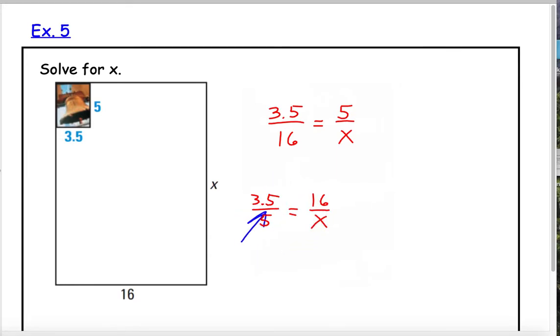It's the same calculation when we cross multiply. So there's more than one correct way to set up your proportion. So we cross multiply, we get 3.5 times x equals 5 times 16, which is 80. And then we do 80 divided by 3.5. And if you need to grab a calculator, grab a calculator.